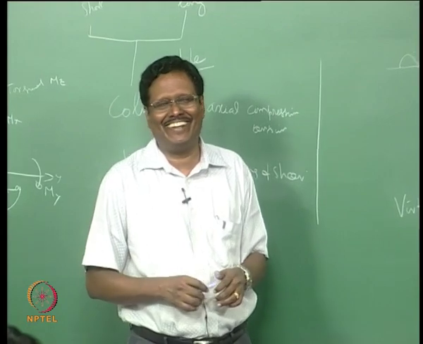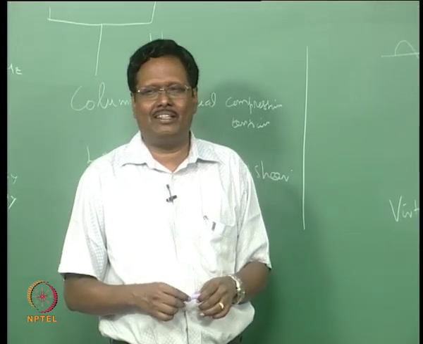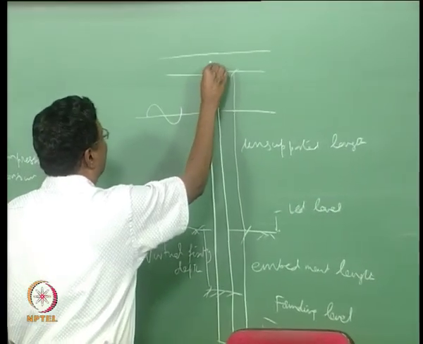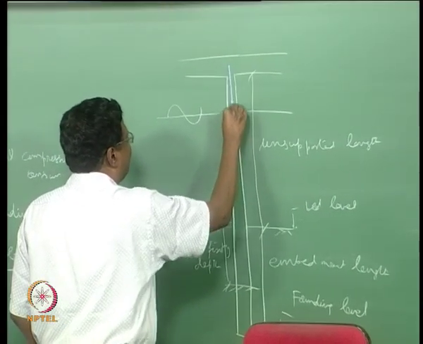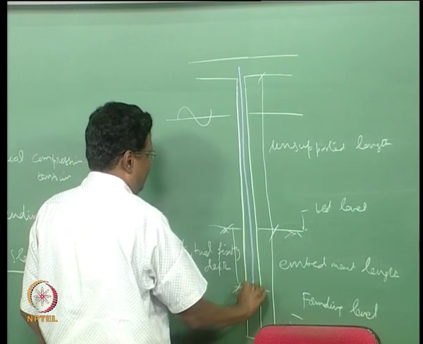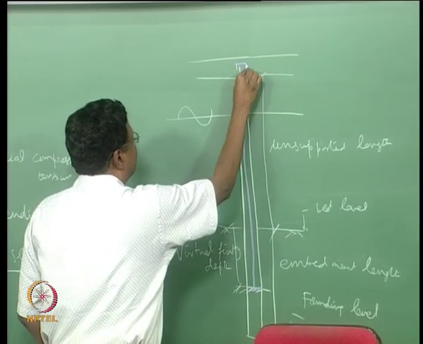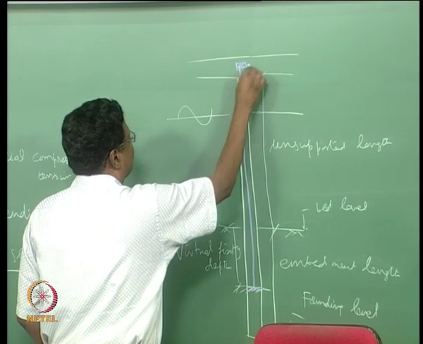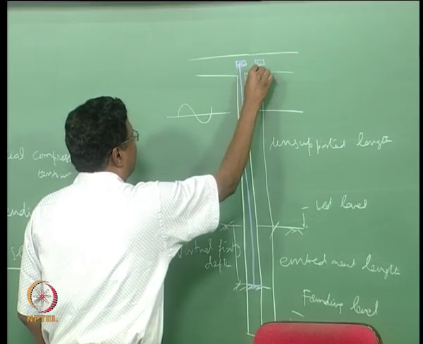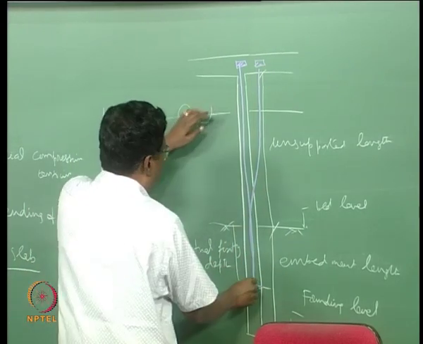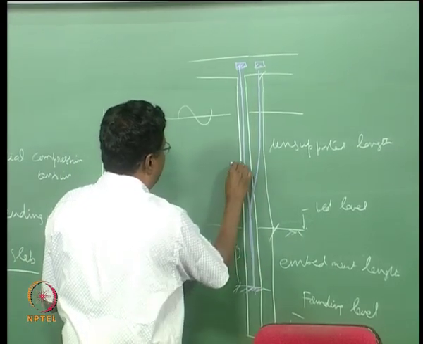Unsupported length also is not correct. You have to take to the center of the pile and take it right up to the fixity point, and this is considered as restrained against rotation but allowed to displace, right. So this is the actual length, this is called L.